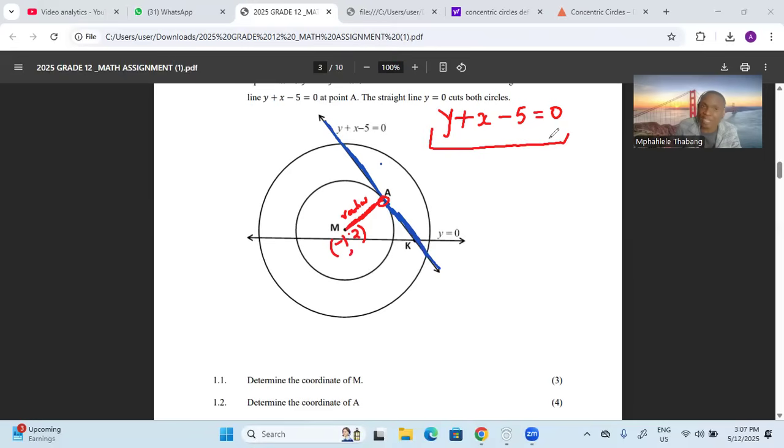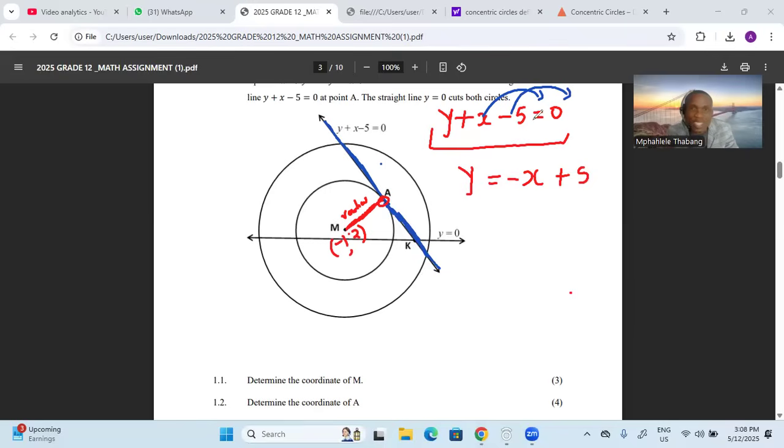I'm simply saying, let me make y the subject of the formula. So y equals minus x plus 5. Yes, I took positive x to the right-hand side and also negative 5 to the right-hand side.